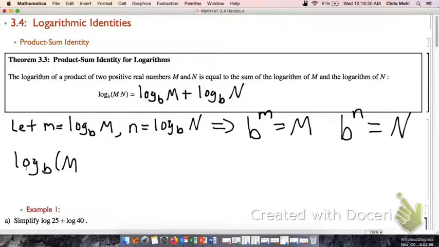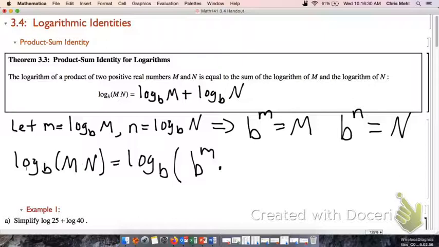Okay, so now when I start working with the left-hand side, if I look at log base b of capital M times capital N, I can rewrite this as log base b of, now capital M is b to the m, times capital N, which is b to the n. You can use properties of exponents.